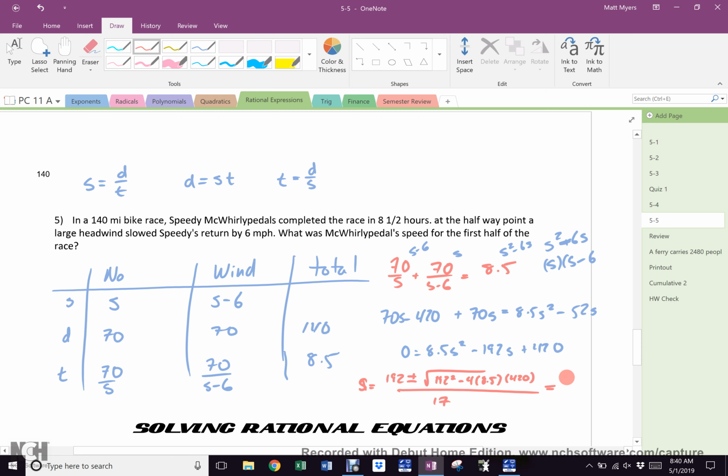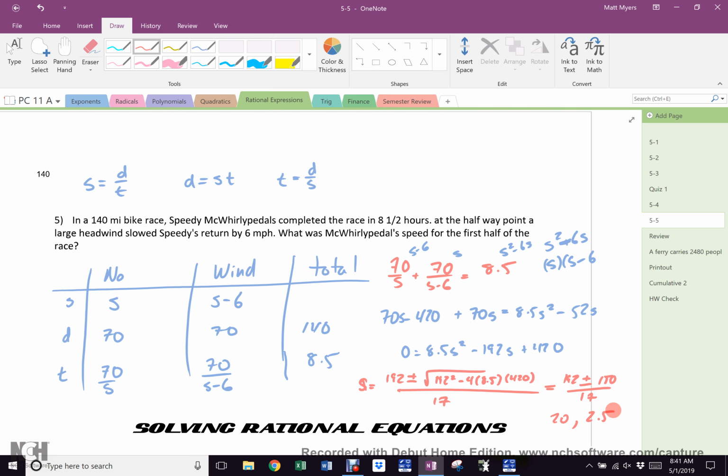Then you get 192 plus or minus approximately 150 over 17, yeah? 192 plus 150 gets you 20 approximately for speed. And 192 minus 150 gets you approximately 2.5. Uh-oh, they're both positive.